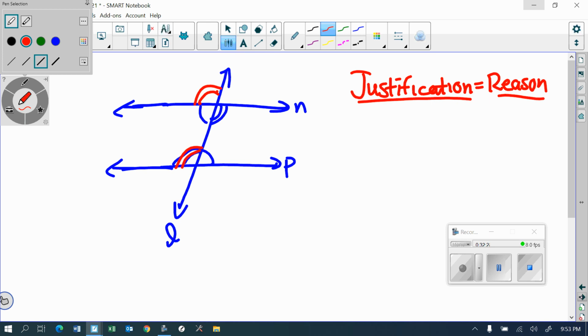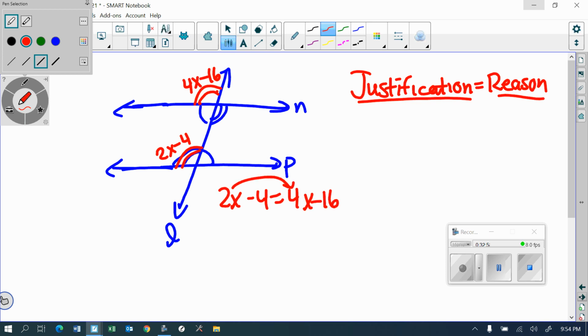So if I'm going to now say, if I can show that these two corresponding angles, and so for example, if I had 2x minus 4 and I had 4x minus 16. Okay, well, if I want to show that those two lines are parallel, then these two angles must be congruent. So I would set those two angles equal to each other to make them congruent.